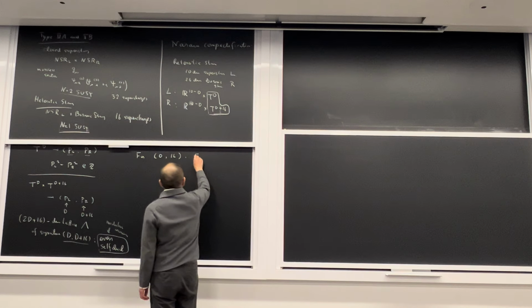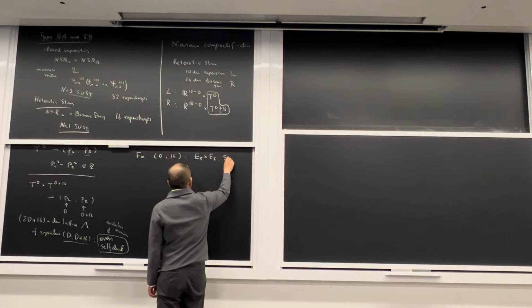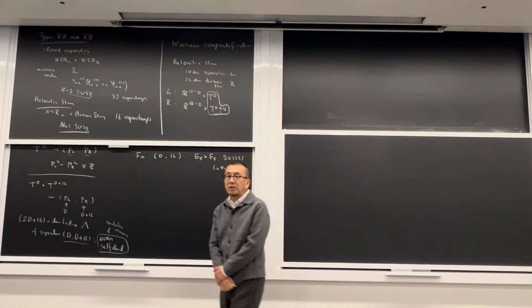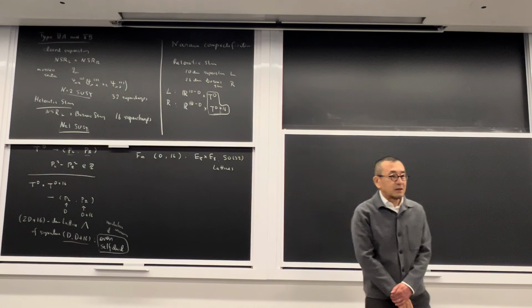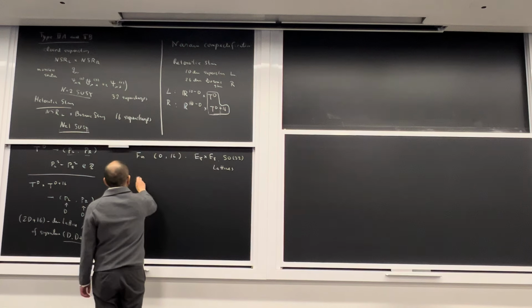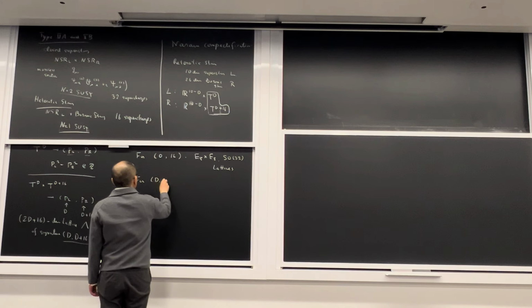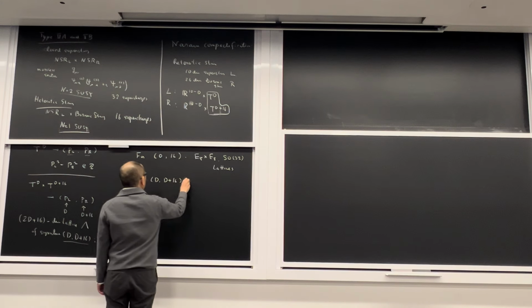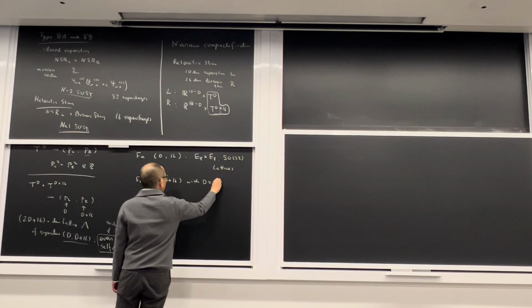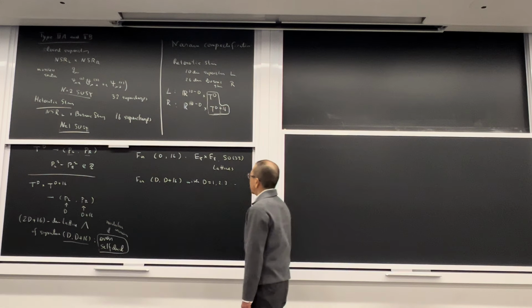So one is E8 cross E8, and the other is the SO(32) lattice. So there are two discrete choices of lattices in this case. For D greater than 0, D positive, in general it's like that.